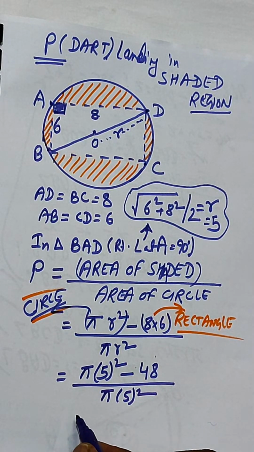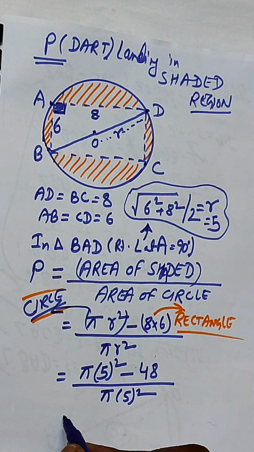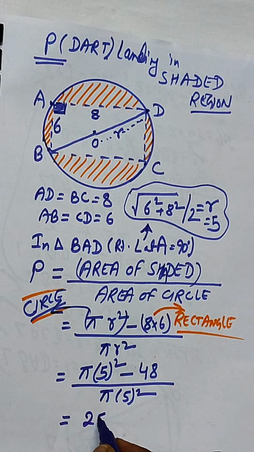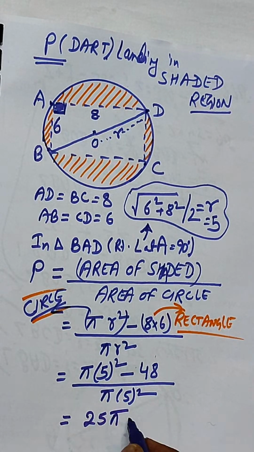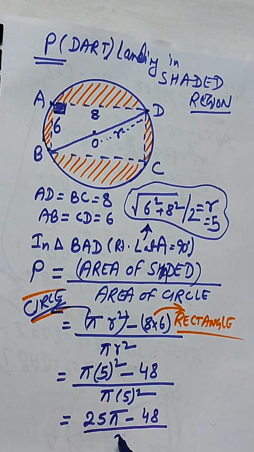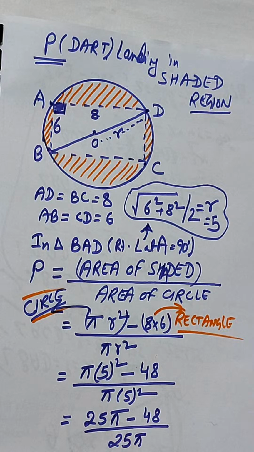So this will give you the value 25 pi minus 48 divided by 25 pi. This is your answer.